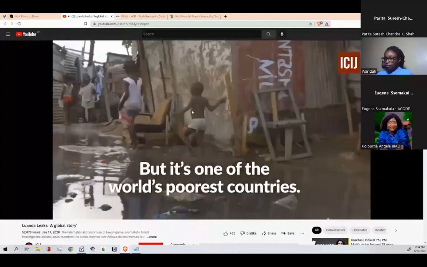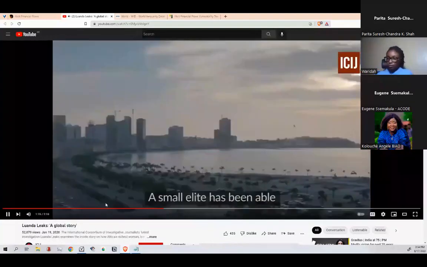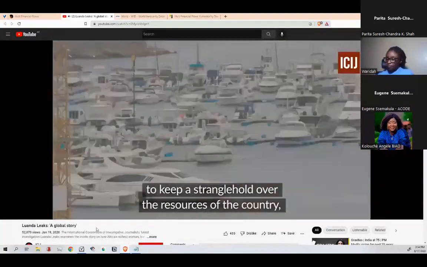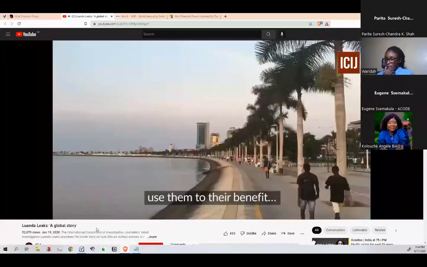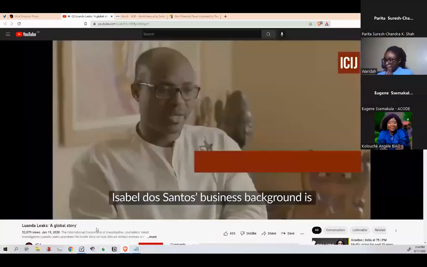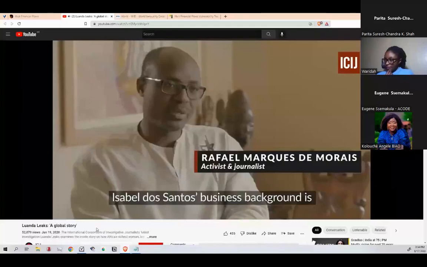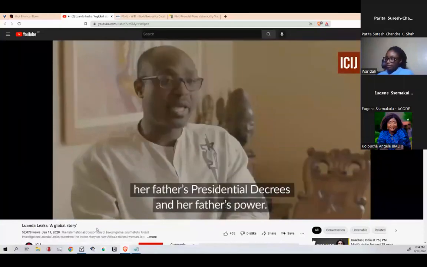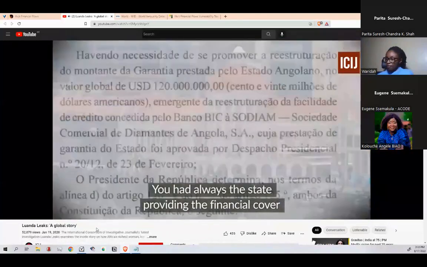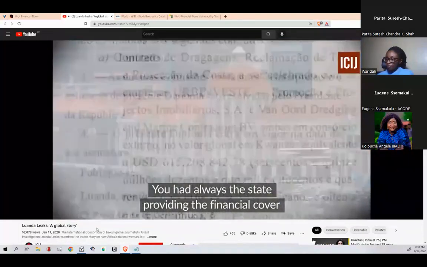A small elite has been able to keep a stranglehold over the resources of the country, use them to their benefit. Isabel dos Santos' business background is her father's presidential decrees and her father's power. You had always the state providing the financial cover and the political cover for her.